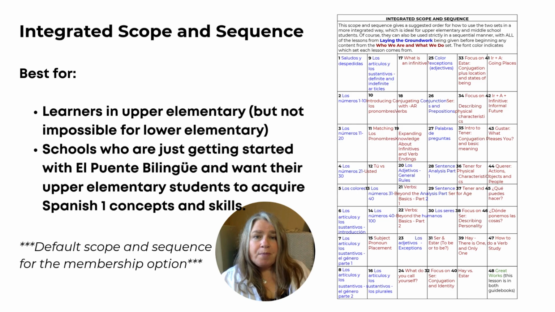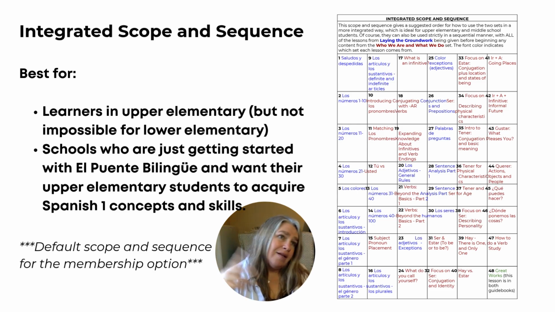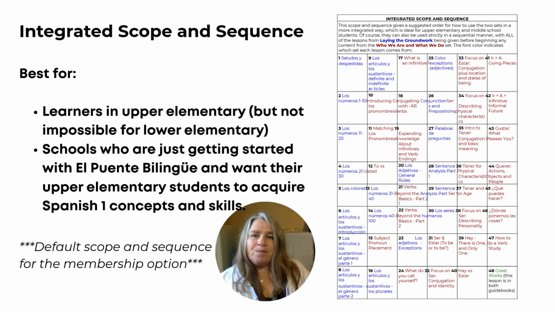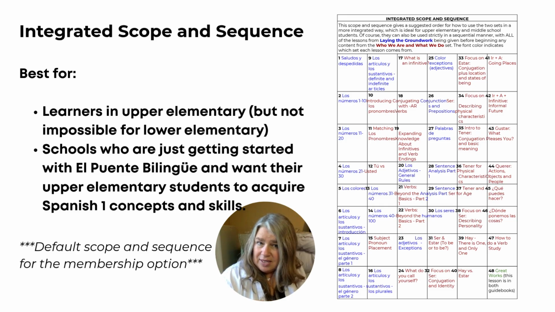Okay, so if not, or if you feel like, well, maybe they've done a couple of those, maybe they've done the colors and the numbers, or whatever. If they've only done a little bit of it, you might want both sets for your upper elementary students. And for that reason, I have an integrated scope and sequence, which I will give people access to in PDF form.